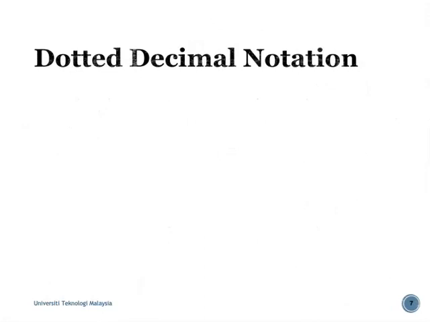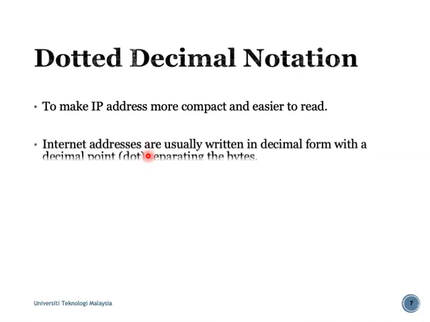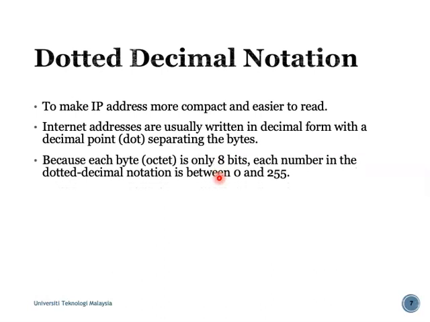The next notation is dotted decimal notation. We use dotted decimal to make an IP address more compact and easier to read, rather than using the binary number, which we have to convert to decimal first. Internet addresses are usually written in decimal form with a decimal point separating the bytes. We will look at the example after this.